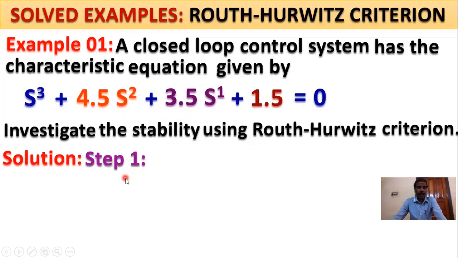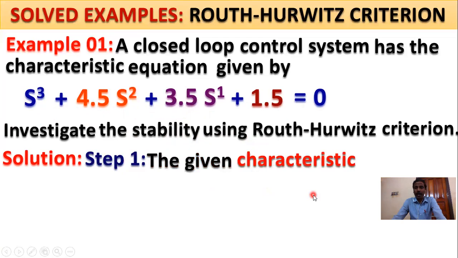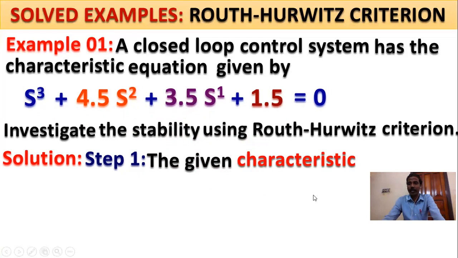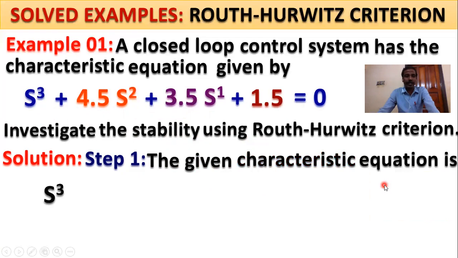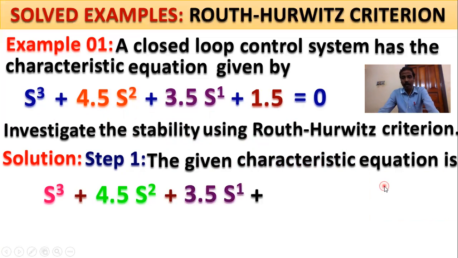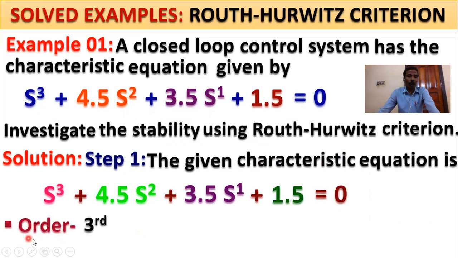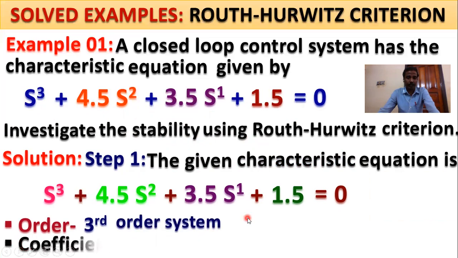Solution. Step 1. The given characteristic equation is s cube plus 4.5 s square plus 3.5 s to the power 1 plus 1.5 equals to 0. So what is the order? This is the third order system. This is the third order polynomial equation.